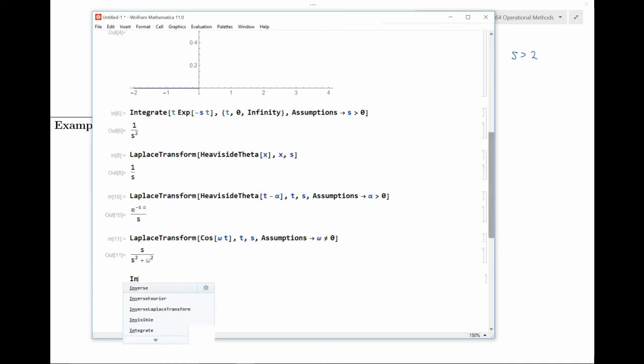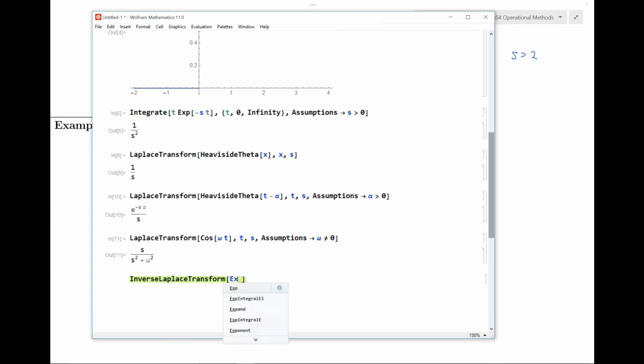We also wanted the inverse Laplace transform of our example, which was e to the minus 2s over s, then there was 1 over s to the 4th that was added, plus 1 over s squared plus 4.